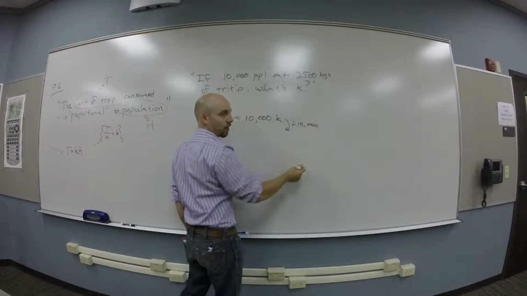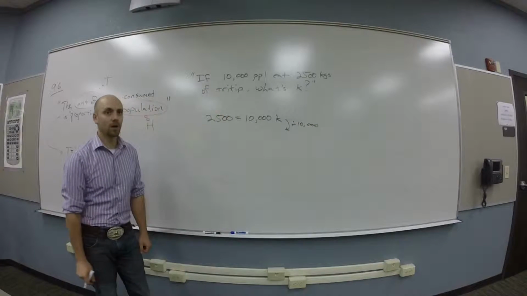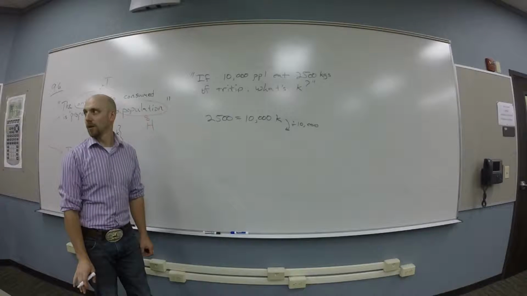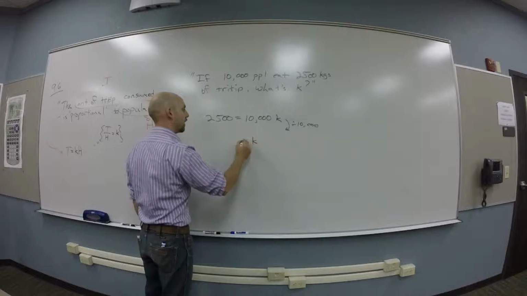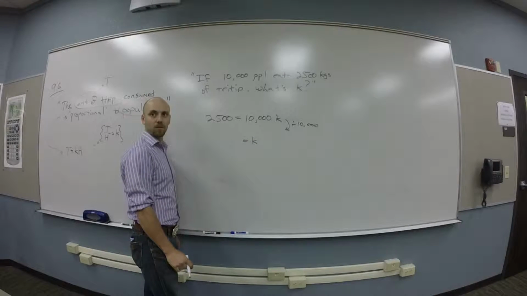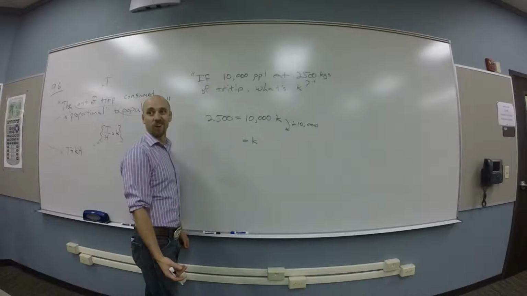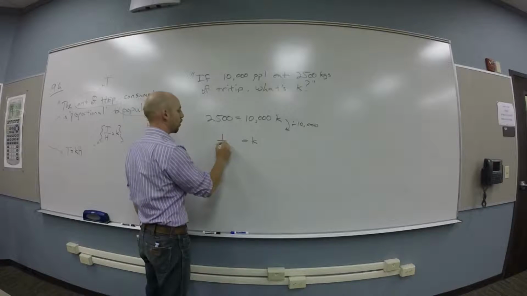And if you want to just cram this straight into the fraction form, go for it. You guys with me? So what do I get? K is 1/4. What are the units on the quarter?